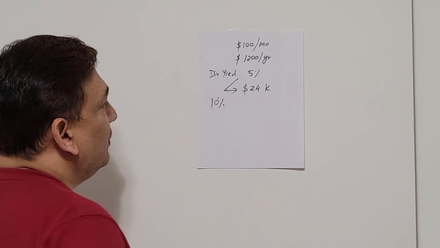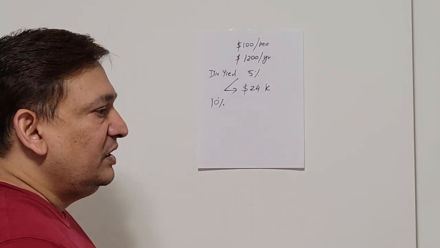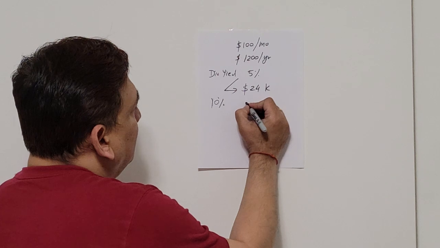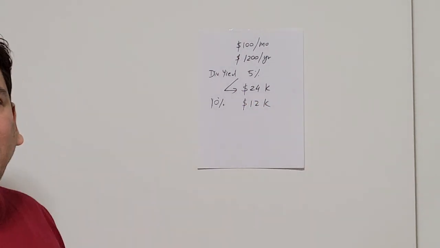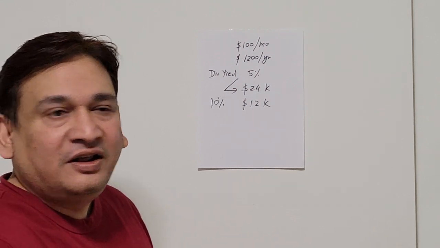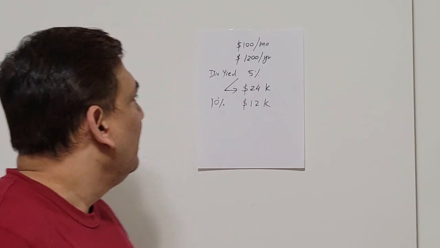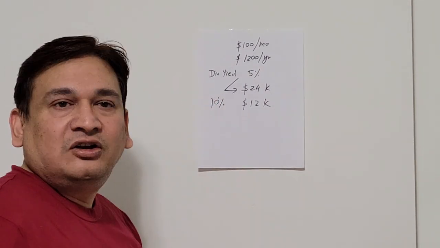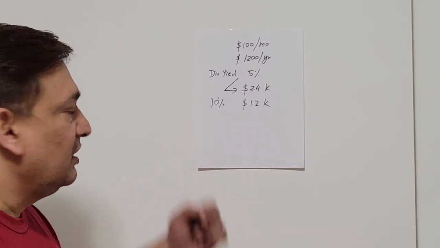In that case, how much will you need to get 1,200 a year? You will need about $12,000. Because you're getting a higher yield, you need less capital upfront to get the same dividend every year and every month. Every year you will get 1,200, and every month it's $100 that you're earning.